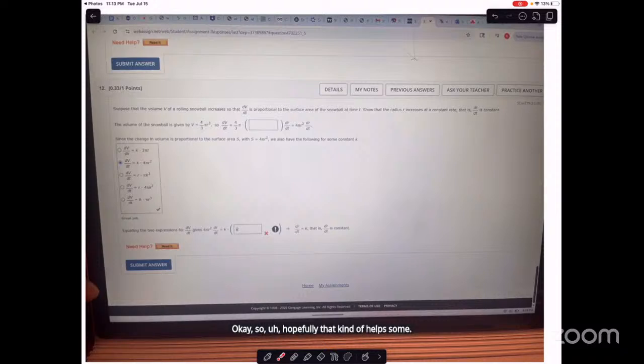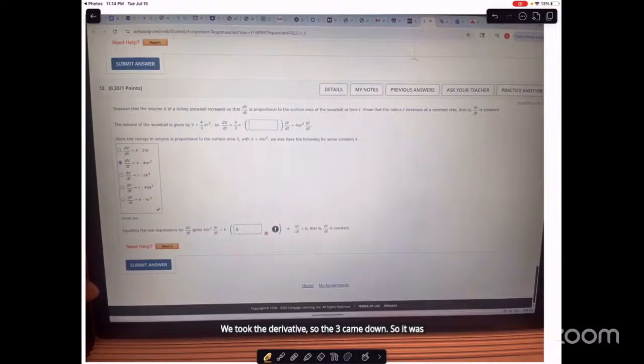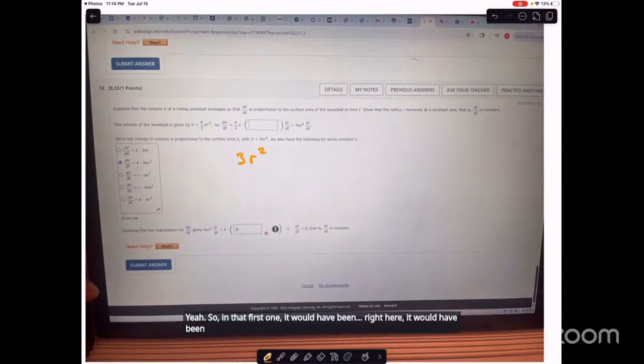Let me write my notes here. We took the derivative, so the 3 came down. So it was 3r squared. In that first one, right here, it would have been 3r squared.